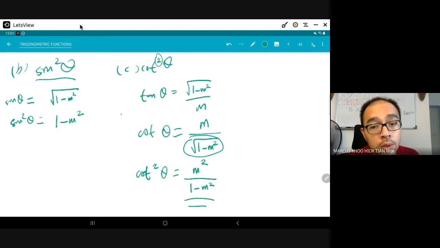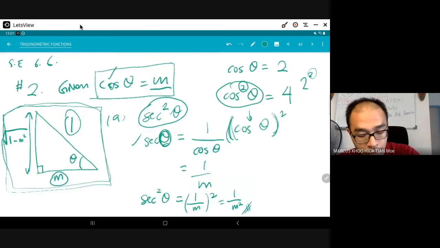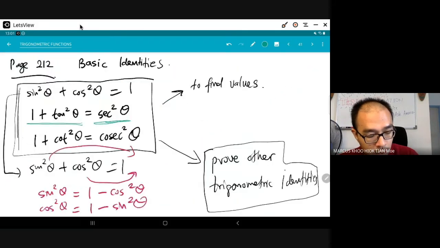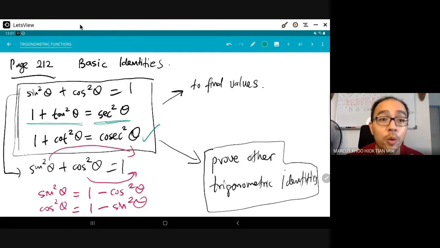Okay. Now, can we use other values to find cotangent theta? For example, if we know the identity is this one, 1 plus cotangent theta squared equals cosecant theta squared. Can I use this to find it? Can. I mean, it's not wrong. Yes, you can. But usually we try to avoid identities because they are so long and complicated.